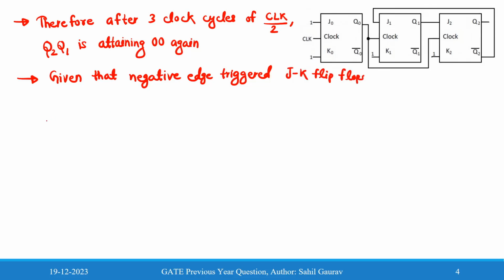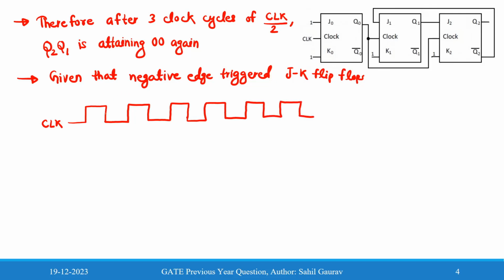So CLK will be like this. This is the first clock pulse, negative edge triggered.